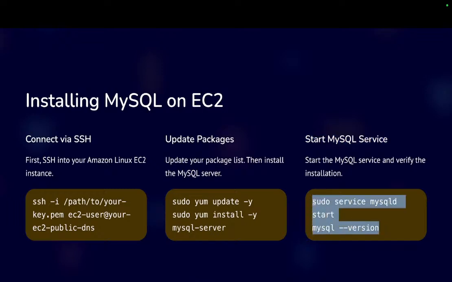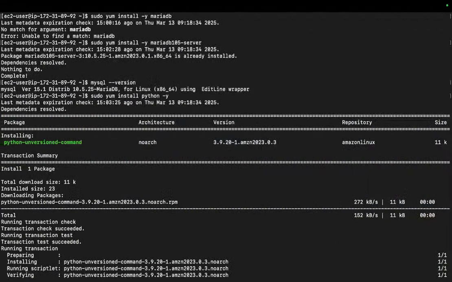So we should go to our server and start it, but we are not going to use this command because of the version of Amazon Linux. Amazon Linux uses a different service manager. It uses systemd to start any service that you want.